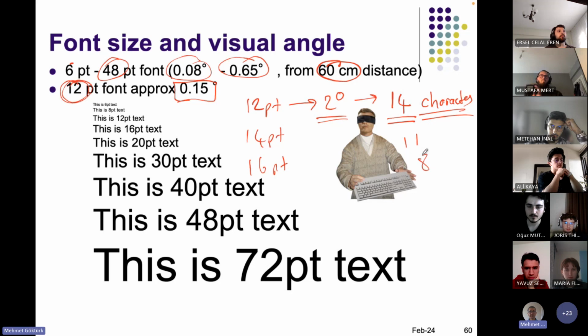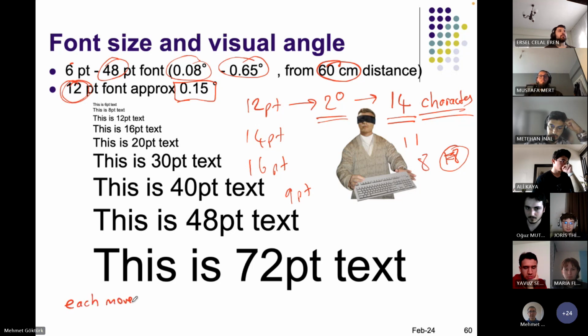On the other hand, when you decrease it to 9 point, it's probably 18. 18 characters without moving our eye. And each movement is like this.